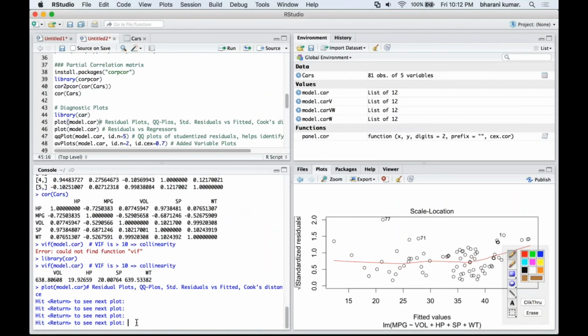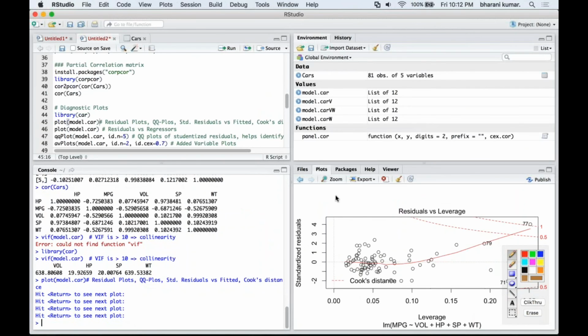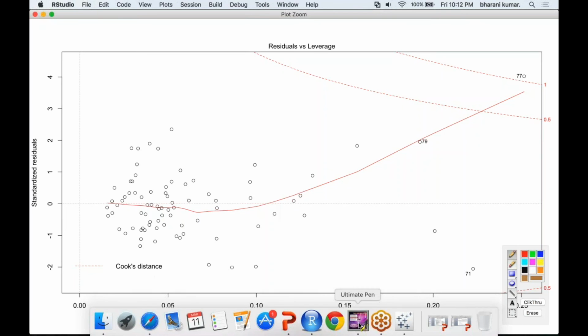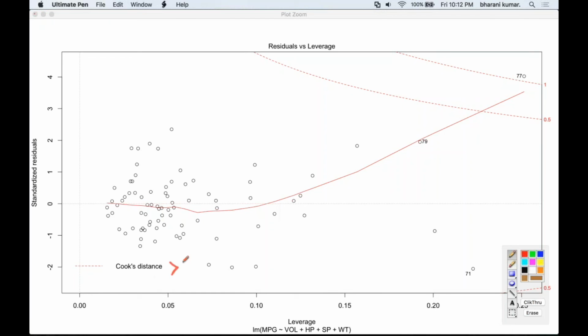And finally the last plot, which is called Cook's distance. Remember from the Cook's distance perspective that if this Cook's distance value is greater than 0.5, that means that observation is an influential observation.